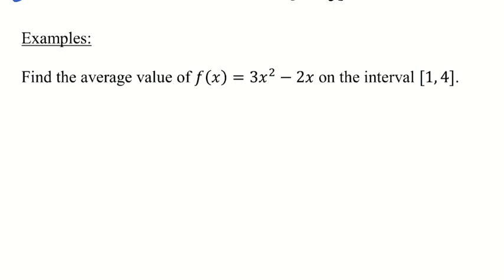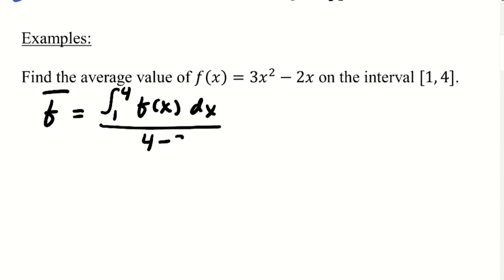Okay, so we'll start with a pretty straightforward example. Find the average value of this function on the interval 1 to 4. Well, I know that the average value of f, which I might call f bar, is going to be equal to the integral from 1 to 4 of f of x dx over 4 minus 1.